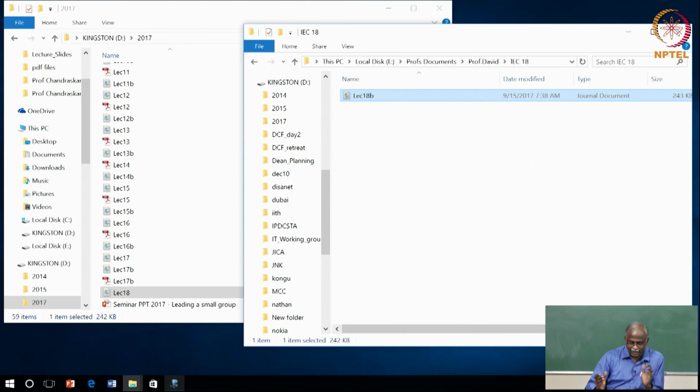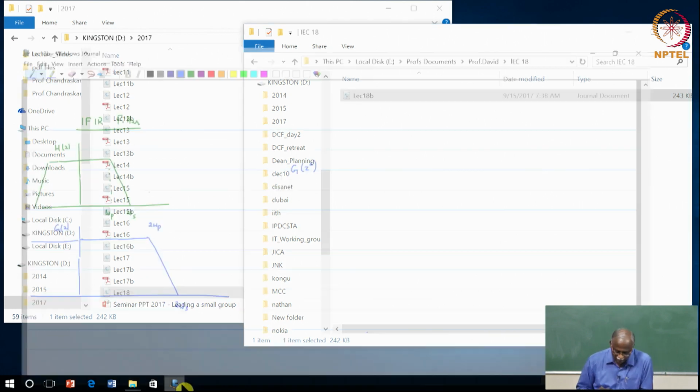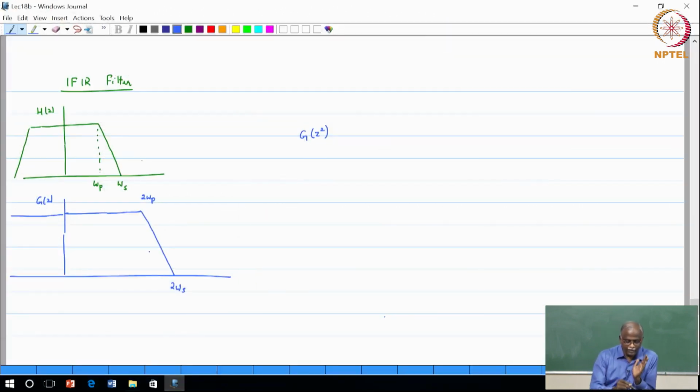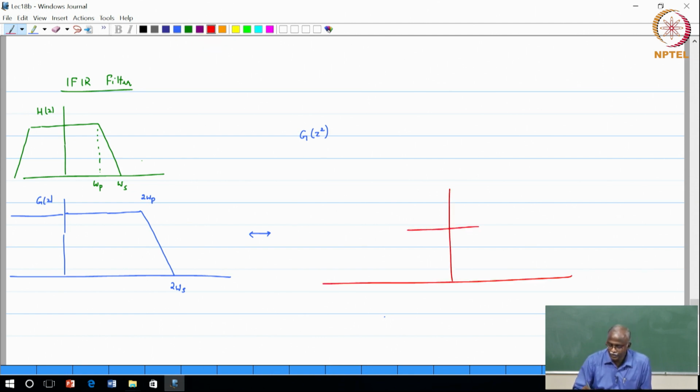Then when this gets compressed, then I automatically get a filter of the form H of Z, except that, so this when I compress will give me the following. It is going to be the filter that I am looking for, plus it will have a component at pi, right, because of the compression of the, so this is pi. Okay, then of course it repeats with the 2 pi as well.